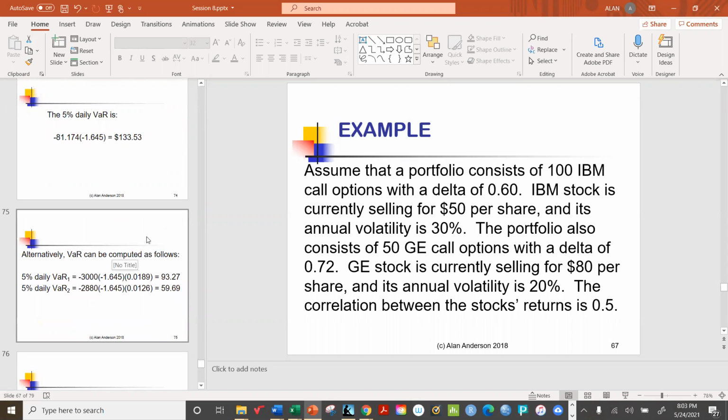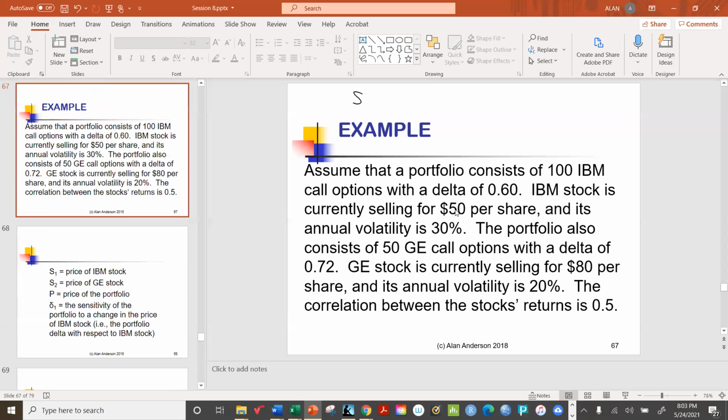Well, what we can do is use the approach we just followed. For example, the first one, the 100 call options, the stock is worth $50. So S is 50. And we have 100 call options, each with a delta of 0.6.